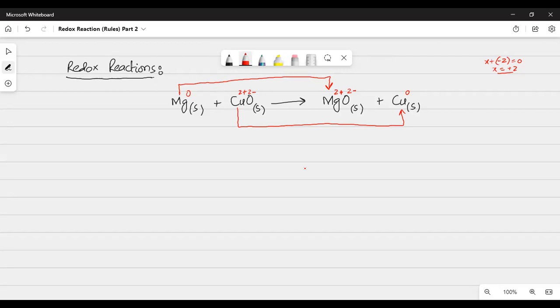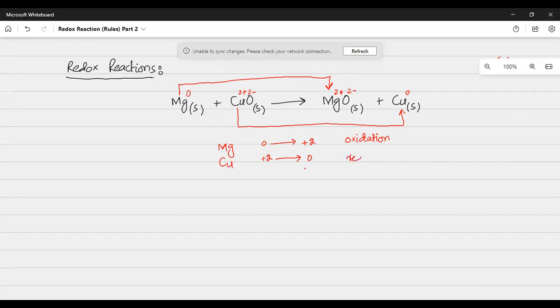Nothing's happening to oxygen because oxygen stays at -2 on left and right of our equation. So magnesium is going from 0 to +2, smaller mathematical number to a bigger mathematical number, this is oxidation, all right? And copper is going from +2 all the way to 0, which means from a bigger mathematical number to a smaller mathematical number, which is actually the exact opposite.